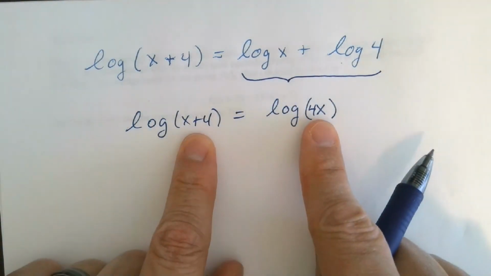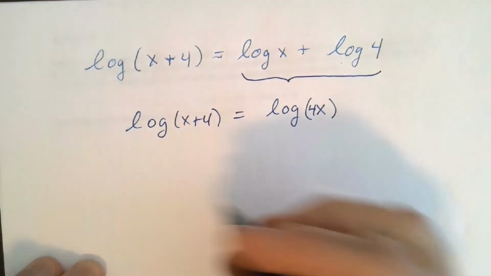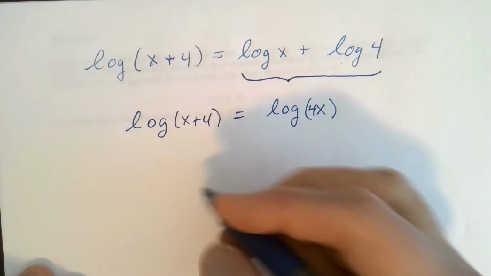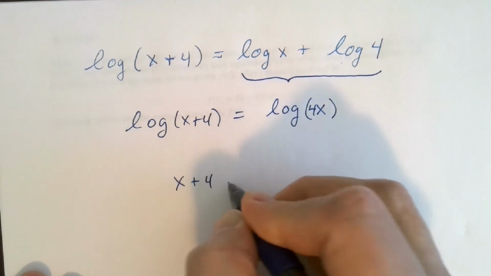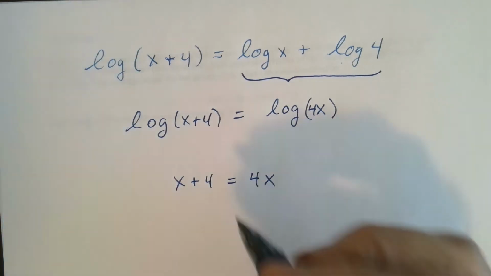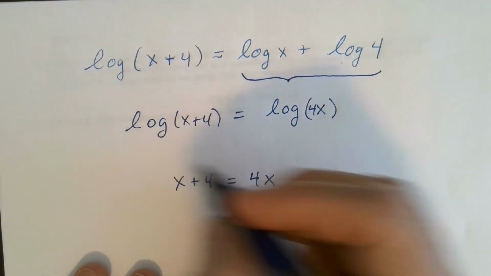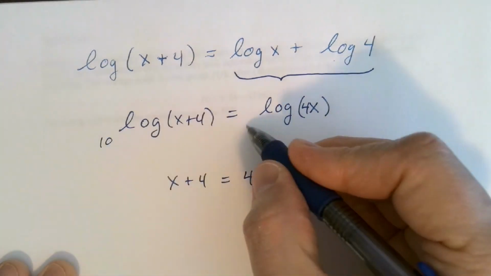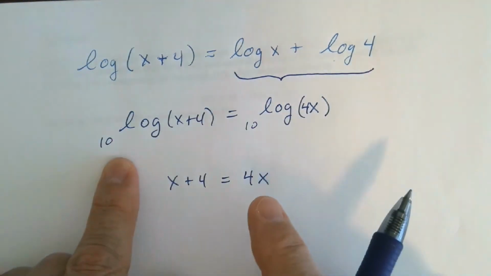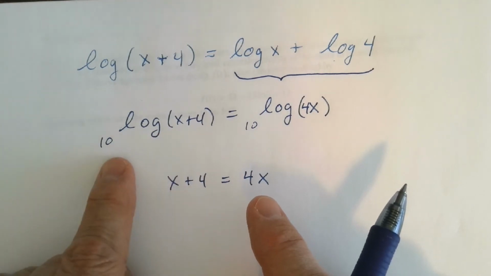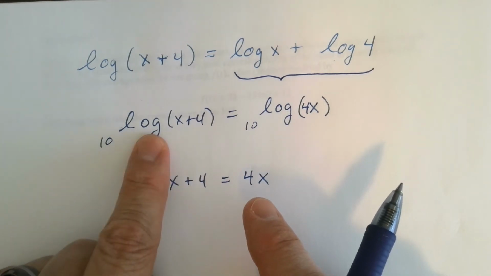That's kind of interesting. Remember what we said, though, if log of A equals log of B, then A must equal B. Another way of thinking about it is I can exponentiate both sides of this. In other words, I can write this as 10 to this power, 10 to this power. And 10 to the log of x plus 4 is just x plus 4 because that's the inverse operation for the log base 10 function.